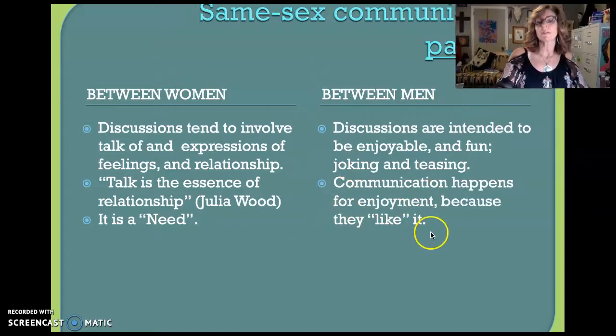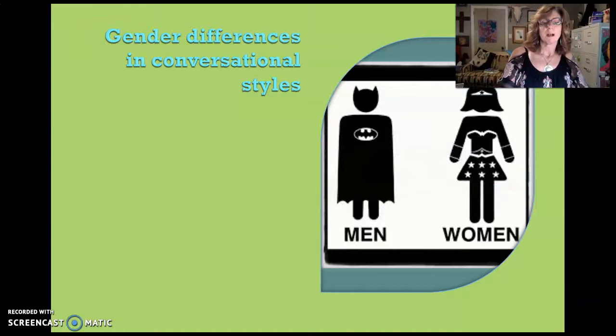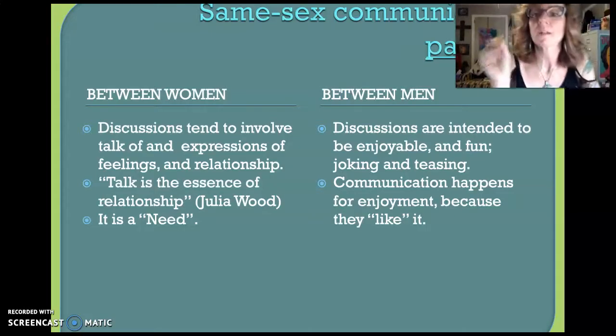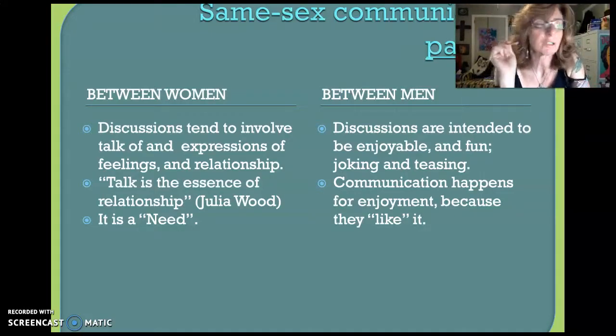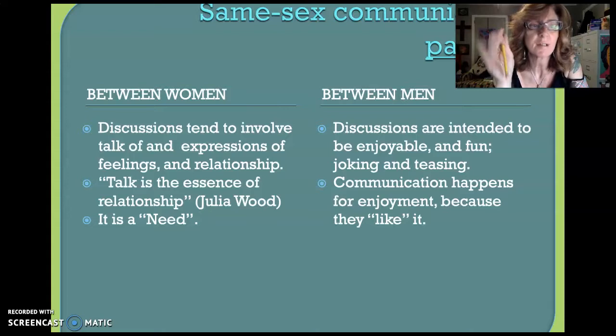Communication happens because they have a good time, they enjoy it. Let me go back there. This is one of the things, I don't know about the women that I'm talking to right now, that you think about: why it's fun to hang out with your men friends, because men are more lighthearted about a lot of things. And it's not to say that men don't have their pressures in life, because they do.